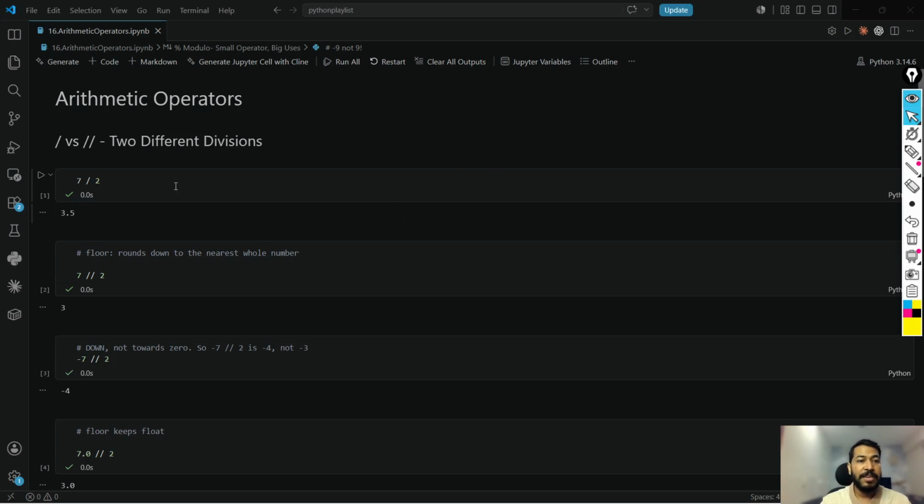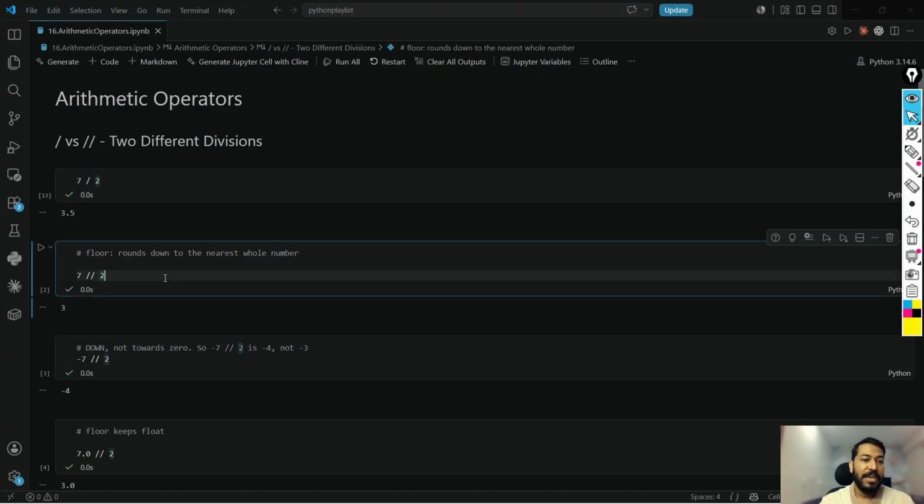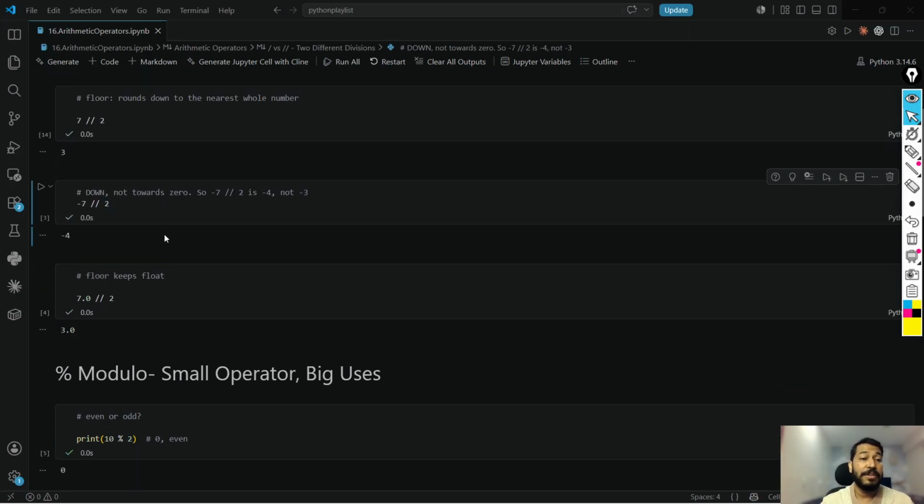The lab session. As a part of the lab session, we are going to understand these things practically. So guys, this is typically a division operator: 7 divided by 2 returns 3.5. This is the floor division, so it is going to return 3 as an output. We clearly understood this in the theory part of today's lecture. Here, in the case of the minus, we cannot move towards 0.